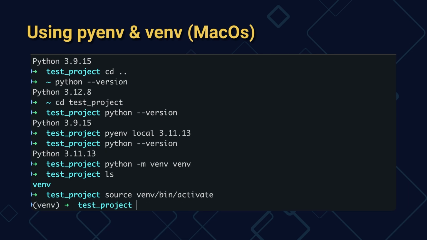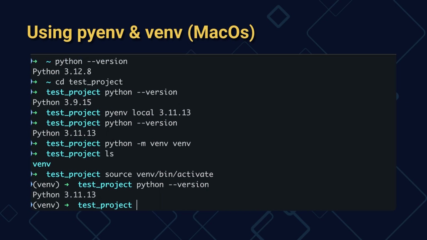I'm inside, and as you can see, this little venv shows that I'm inside that environment, I'm inside that bubble. And if I ask again for the Python version, it's 3.11.13, and I can install whatever I need here.